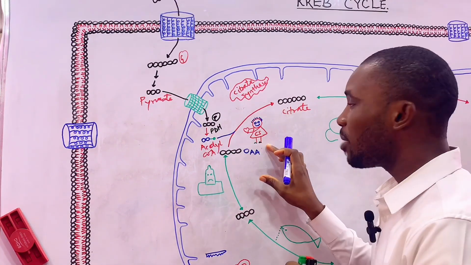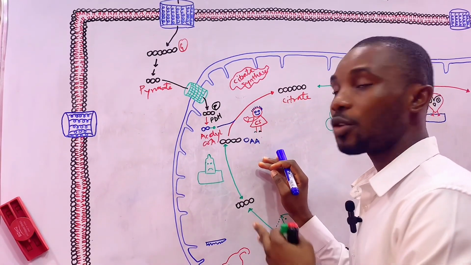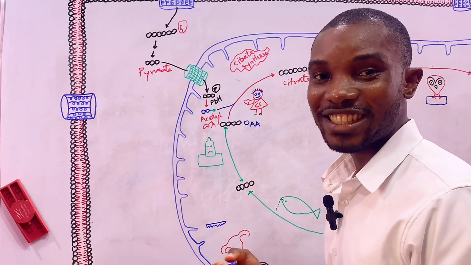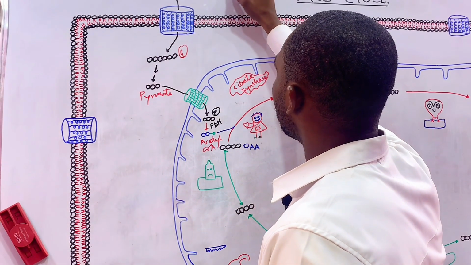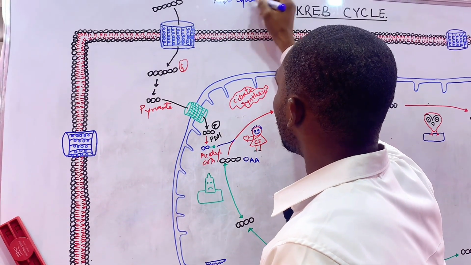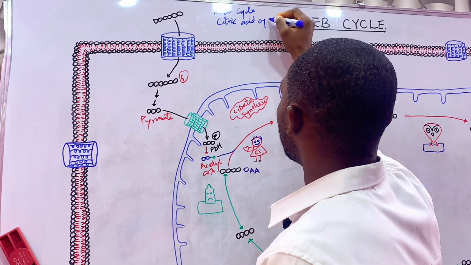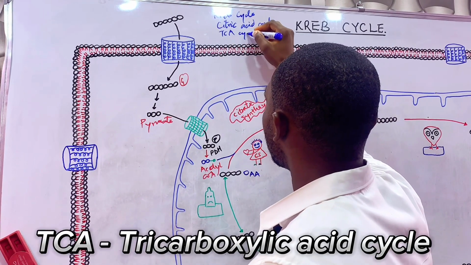Citrate, right? Now let me tell you all the intermediates in the citric acid cycle. Remember, the Krebs cycle is also known as the citric acid cycle, or the tricarboxylic acid cycle, also known as the TCA cycle.